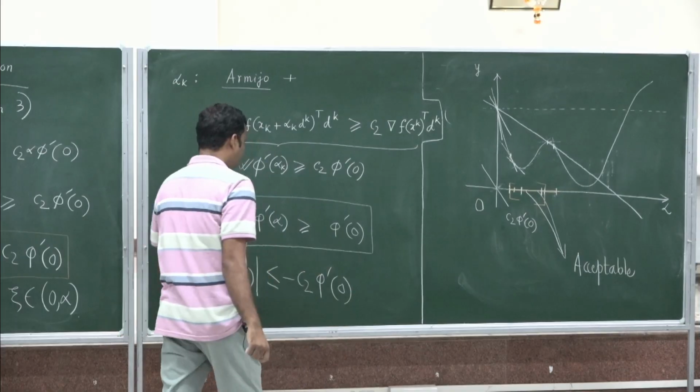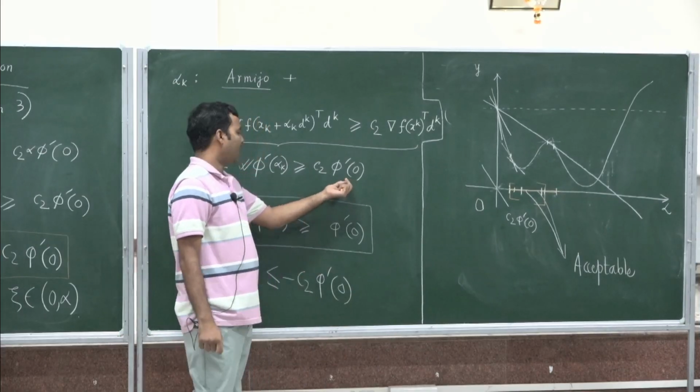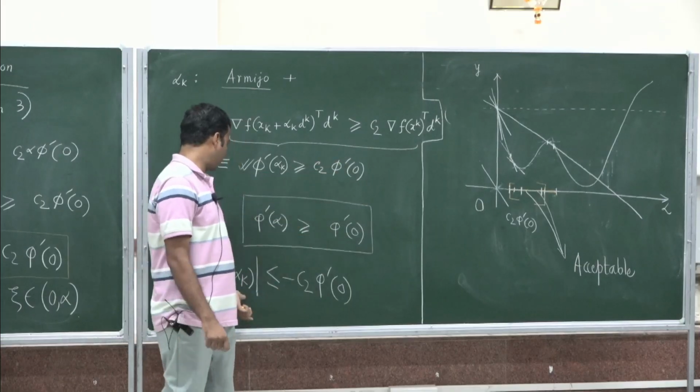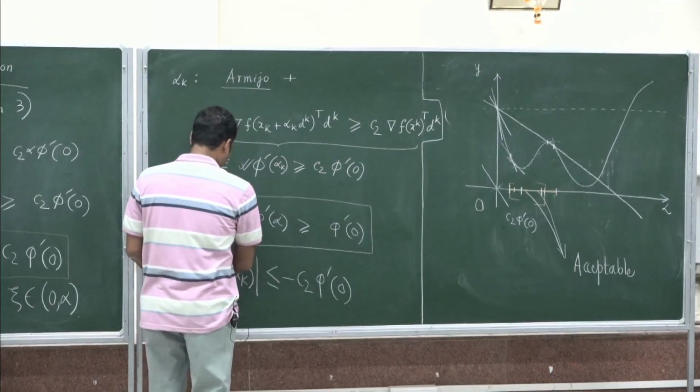And minus C2 you may be confused because this is a negative symbol, and this phi dash 0 is negative, and therefore when I am taking the absolute value, then we need to take off this one.